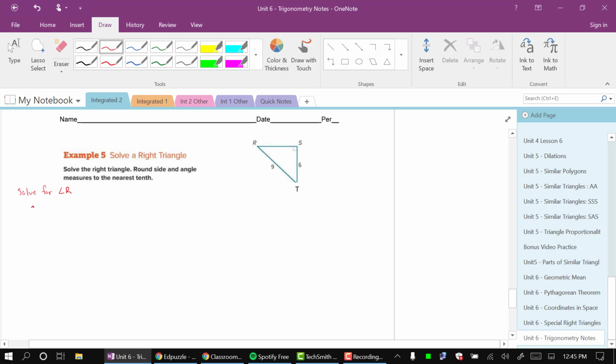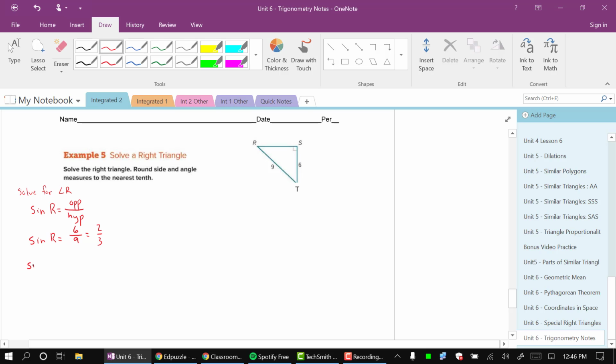Sine of R equals opposite over hypotenuse. So plug in what we have. The opposite is 6, the hypotenuse is 9. So sine of R equals 6 over 9, which can be reduced down to 2/3. Keep it small, keep it easy. Now I want to find the measure of angle R, so I'm going to take the inverse.